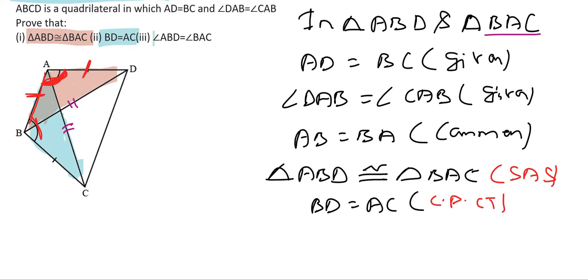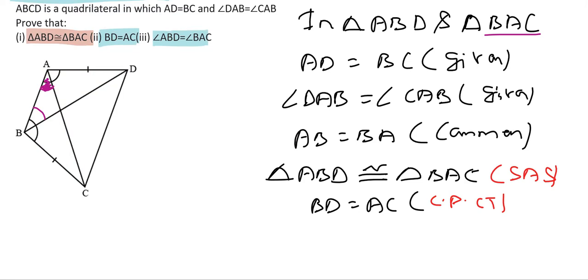Same for the next part. Again, we have to prove two angles as equal. So the two angles that we have to prove equal in this figure are angle ABD, this one, which belongs to the first triangle ABD, and the other angle that we have to prove is BAC, this one.